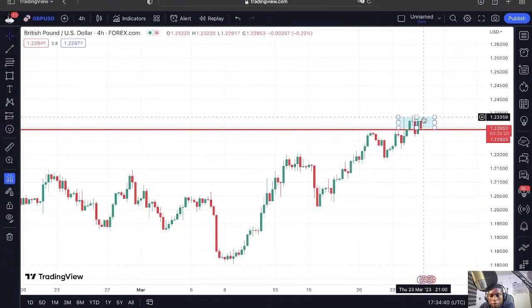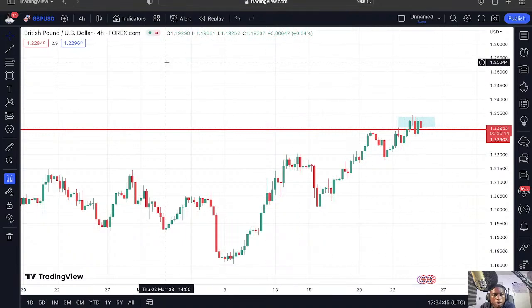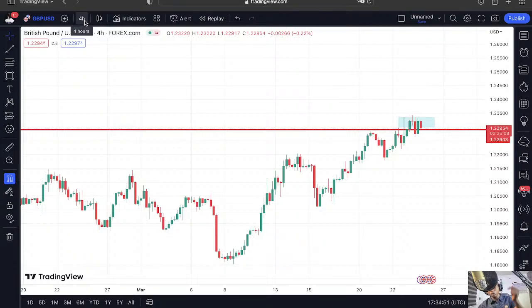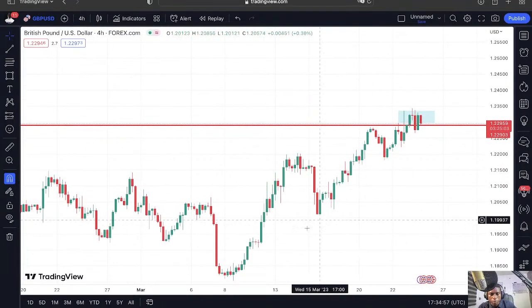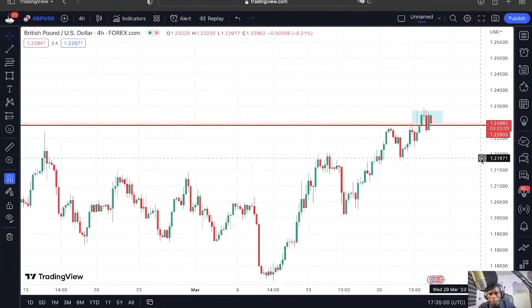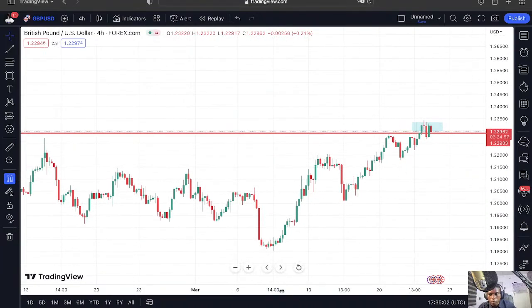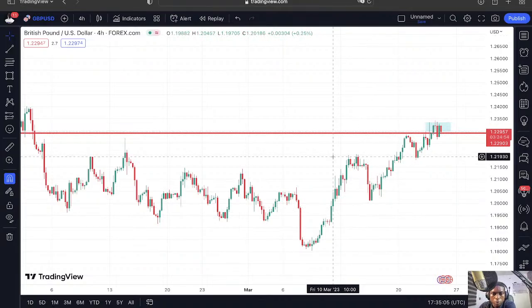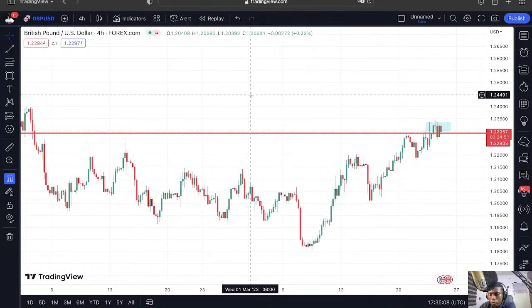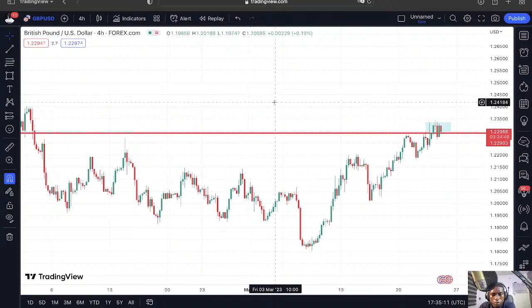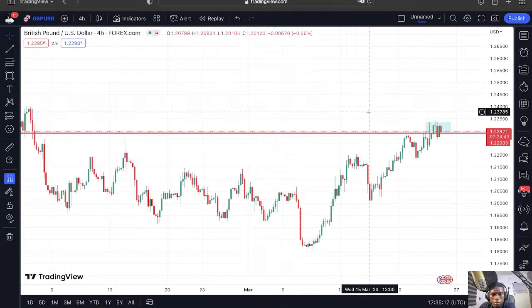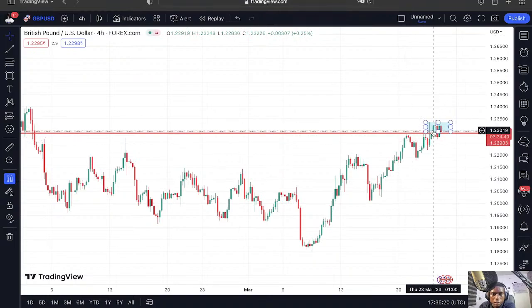Once price pops out of this level, then that's a bullish momentum in there, a sustained one that might continue for a while. As you can see here.